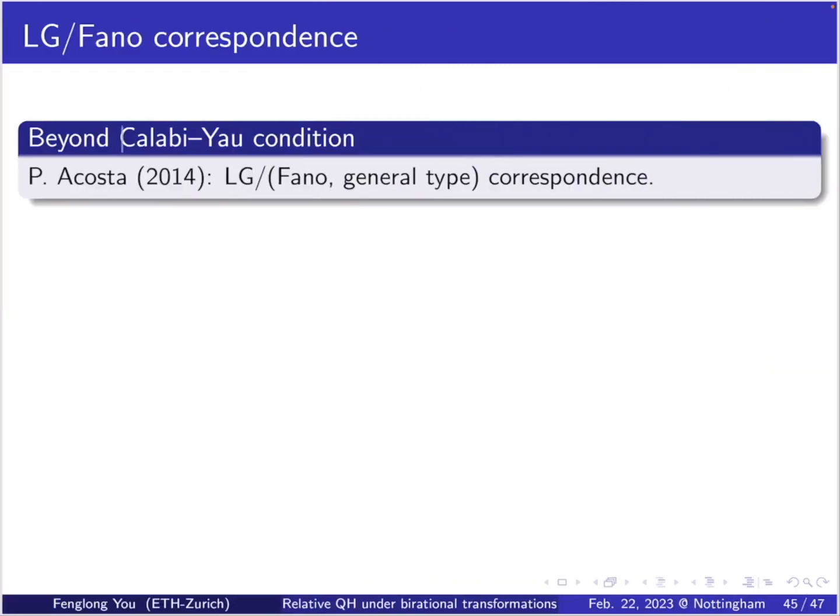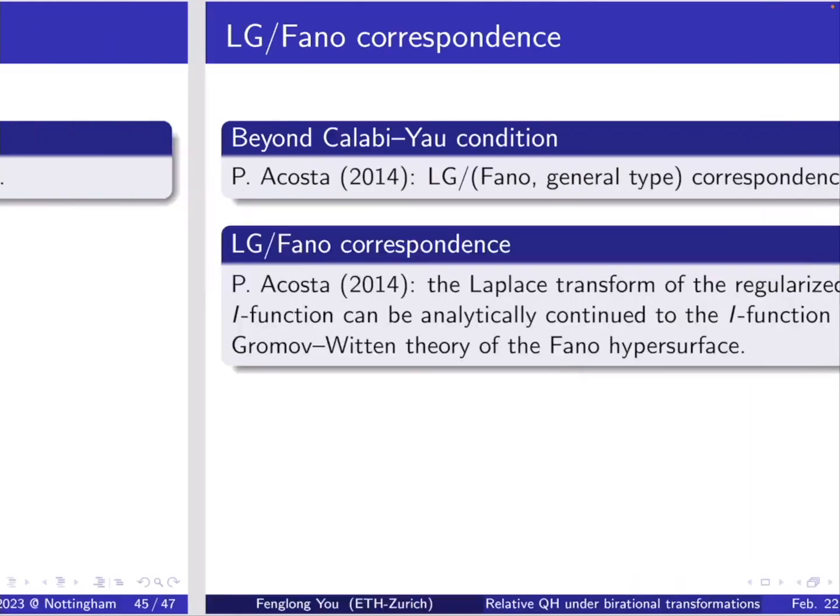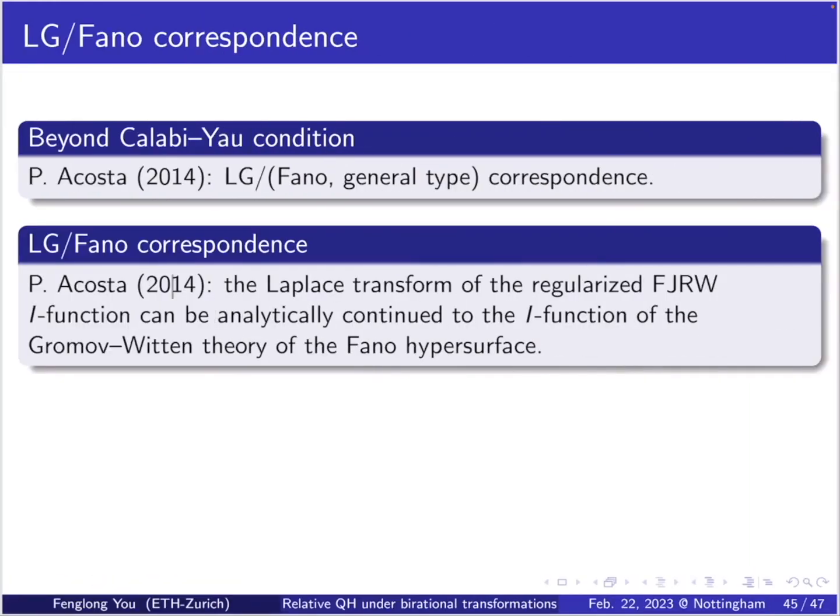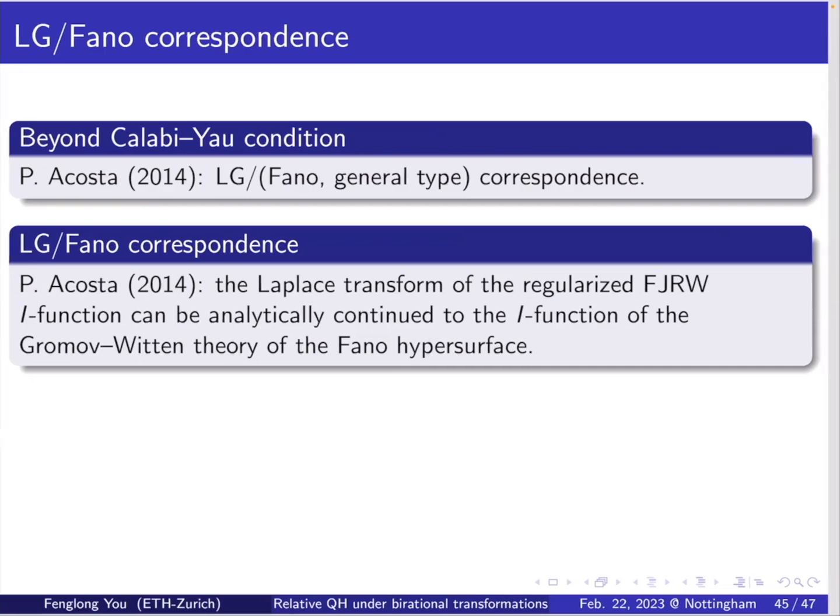There's a generalization of that beyond the Calabi-Yau case, to the Fano case and the general type case, in a paper by Acosta that says there's a complicated relation by the Laplace transform and the regularization of the FJRW I function, and then analytic continuation to the I function of the Gromov-Witten theory of the Fano variety.